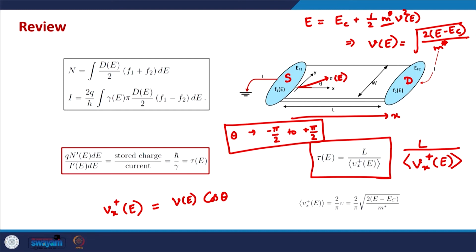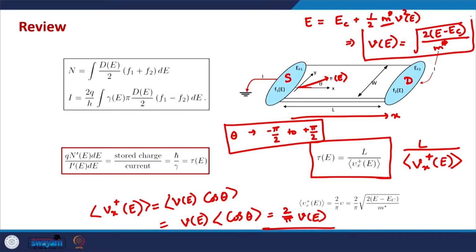Okay. And the average value of this would be the average value of this. Ultimately, this turns out to be the average value of cos theta, which, as we saw in the last class, is 2 by pi V E. So, this is what we have now, where V E is given by this expression.